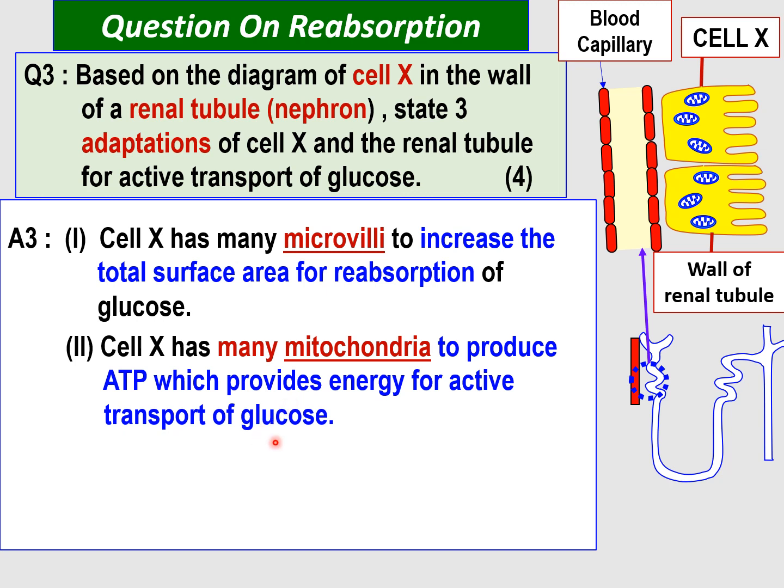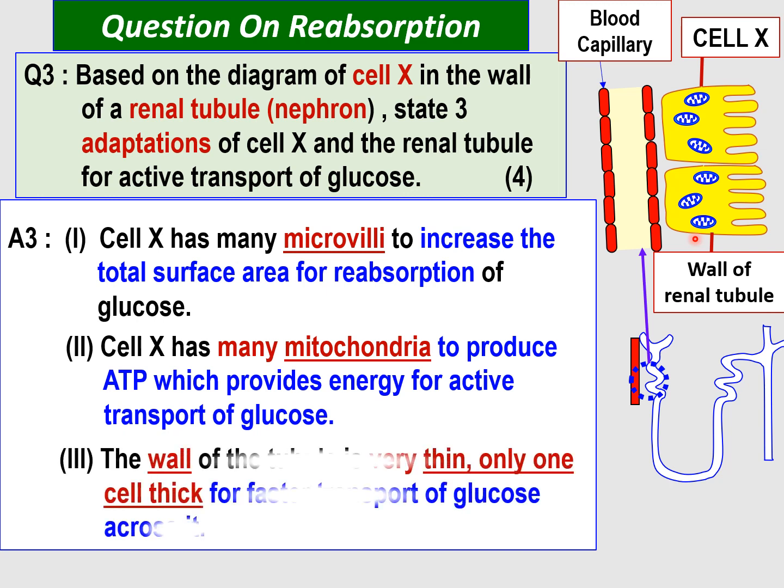Now the third point is the wall of the nephron. How thick is it? Is it 1 cell thick, right? So the wall of the tubule is very thin, only 1 cell thick, for faster transport of glucose across it.